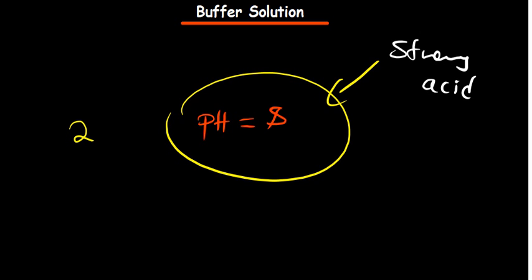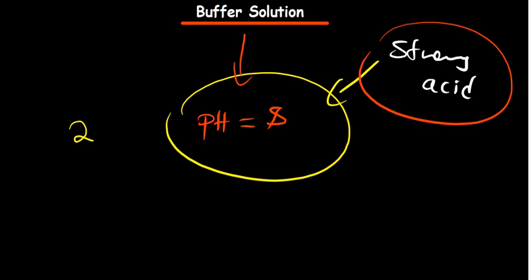Now, when you add that strong acid to a buffer solution, we basically don't expect a change in the pH. There may be minimal changes. Let's say the pH drops to 7.98. Such a solution which resists changes in its pH is what we call a buffer solution.